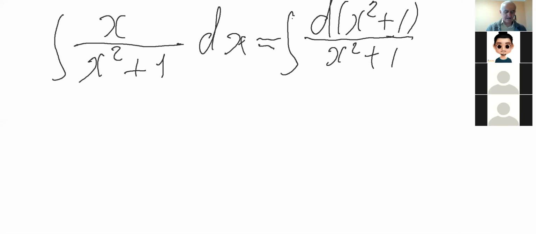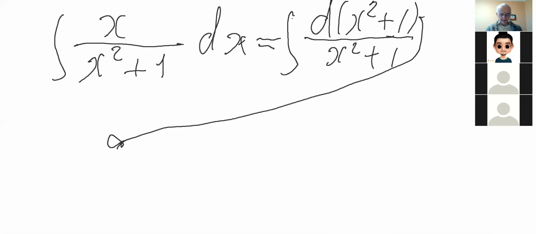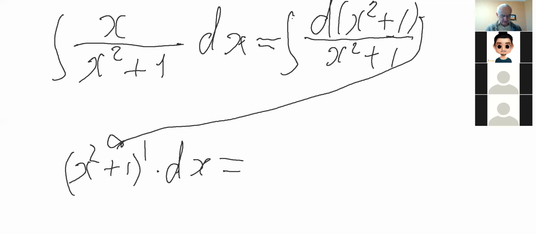How can we check? d(x squared plus 1) is going to be the derivative of x squared plus 1 multiplied by dx. The derivative of x squared is 2x, and the derivative of 1 is 0.